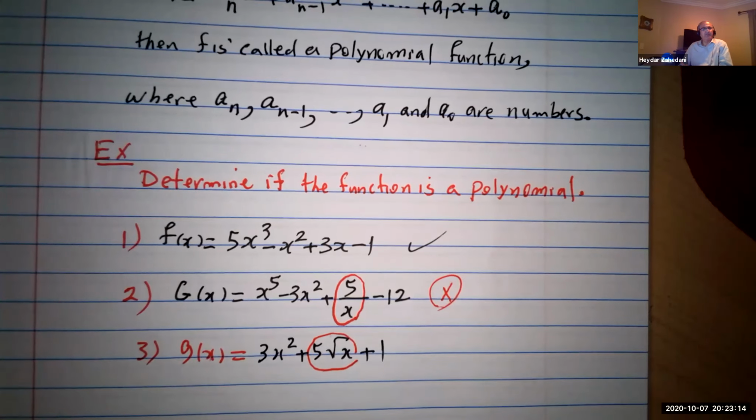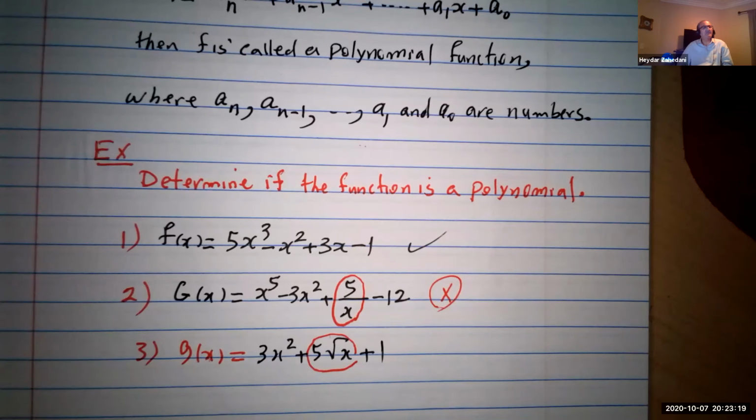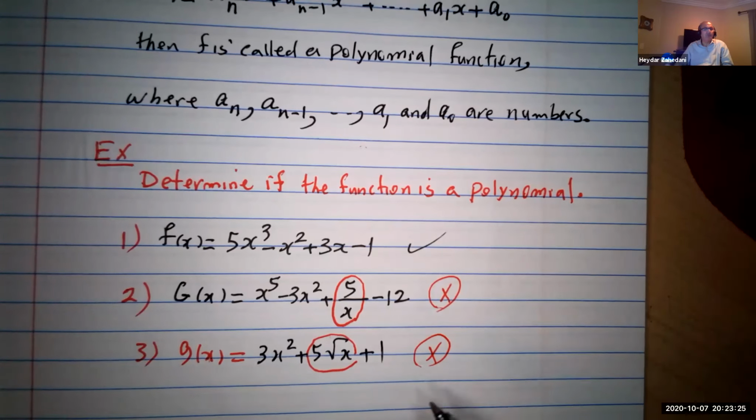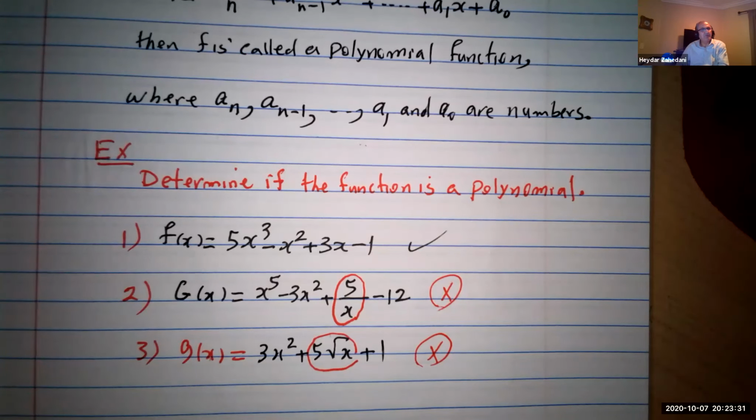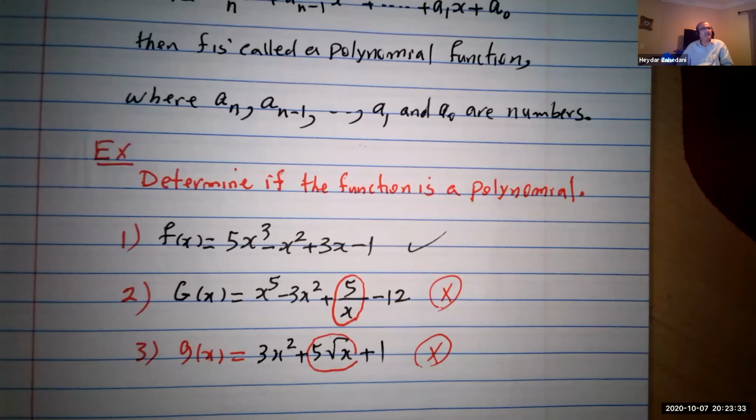You know that radical x is x to the half, so it's not just a term. A term is a number times a power of x. Any question?